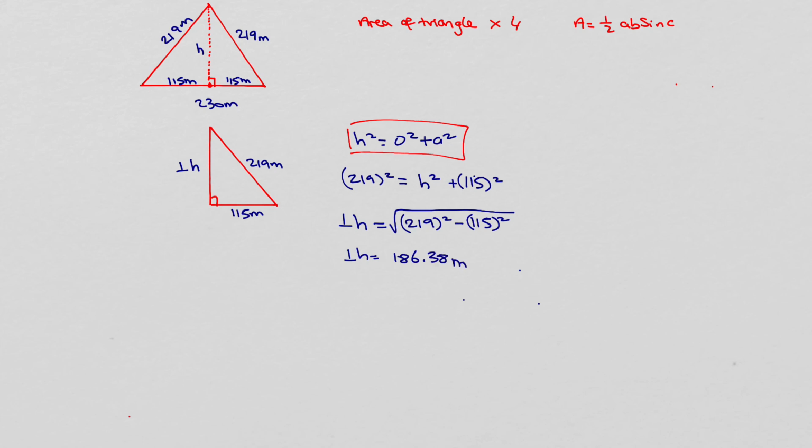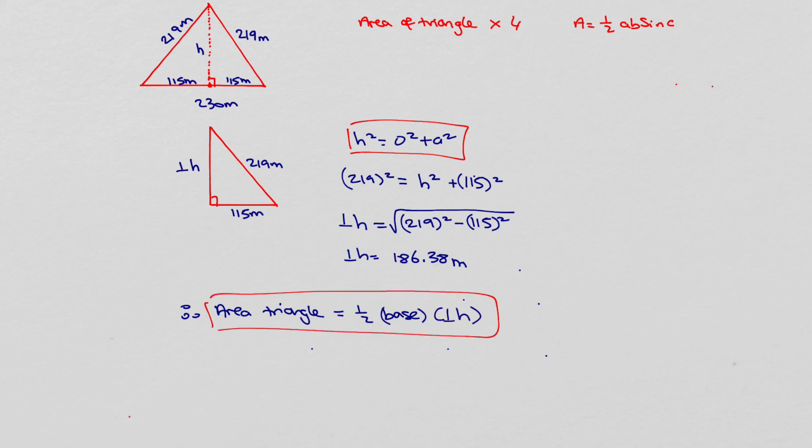And now if I get the area of one triangle, it's half the base by the perpendicular height. So that's going to be half the base of the triangle.